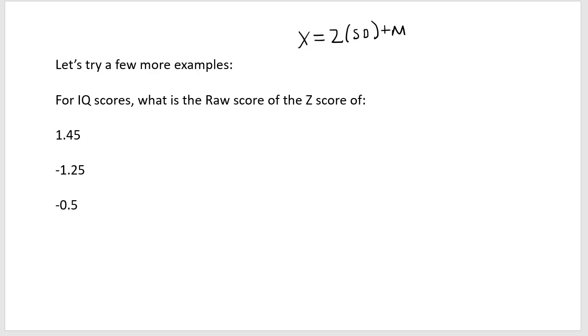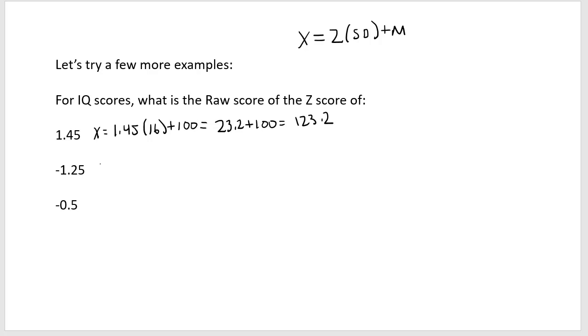So we plug that in. x is equal to the z-score of 1.45 times 16 plus 100, which is equal to 23.2 plus 100, which is equal to 123.2. So if you had a z-score of 1.45, your IQ would be 123.2.